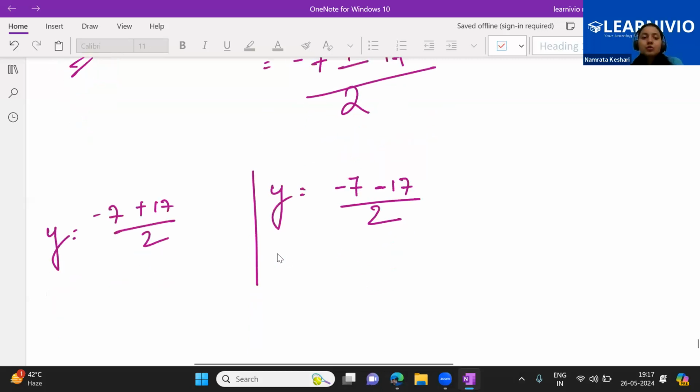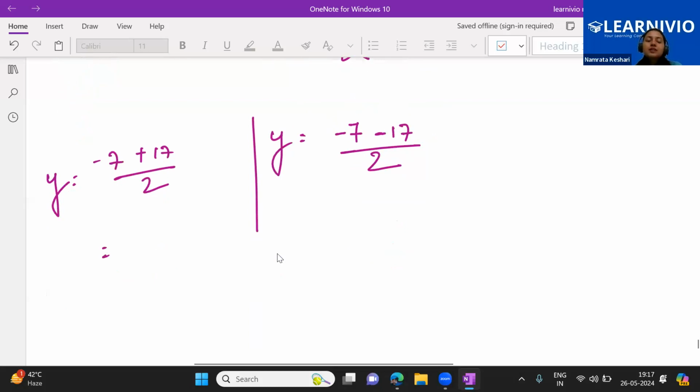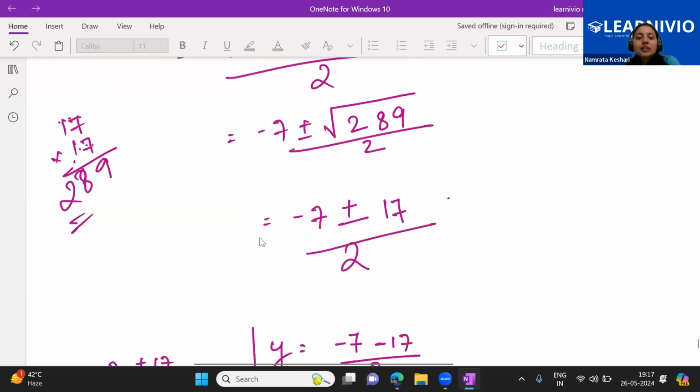When we do the calculation, it will be 17 minus 7, that is 10 by 2, so y is 5. The other value will be a negative number, so we are not going to take this case because x and y both are distances, and we cannot take a negative distance. So we will be taking 5 for y.